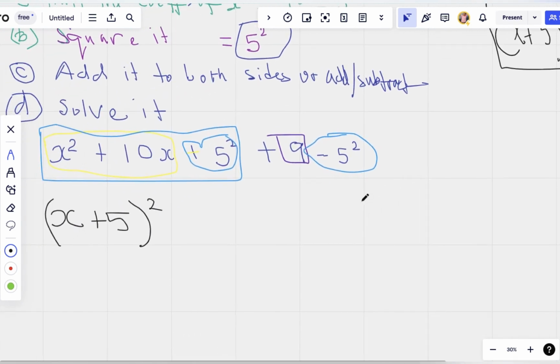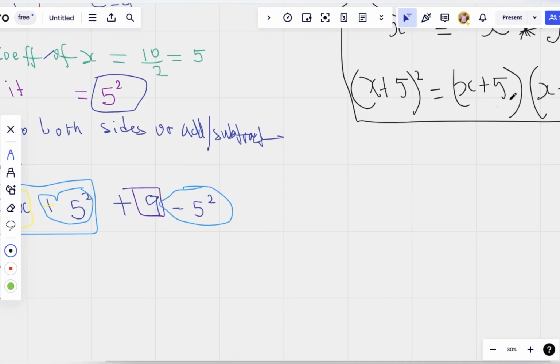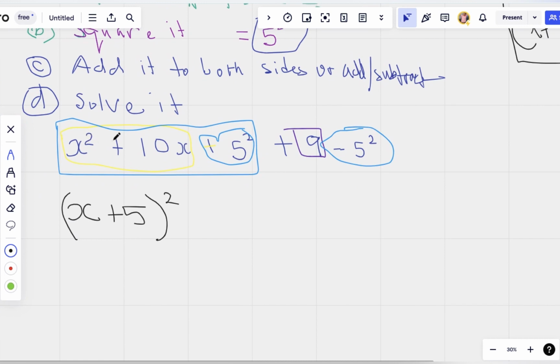So we come here, and if you expand x plus 5 in one bracket and x plus 5 in another bracket, you get x squared plus 10x plus 25. If you expand x plus 5 squared, you get this whole thing. And then we go to the next one. Then we say plus 9 minus 25.